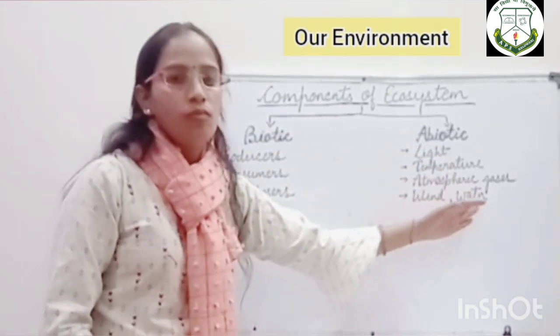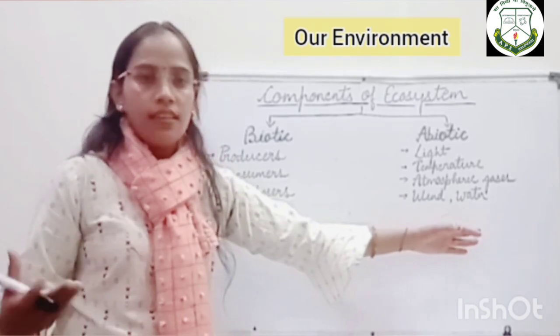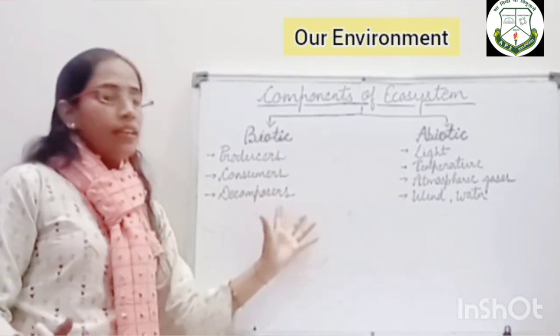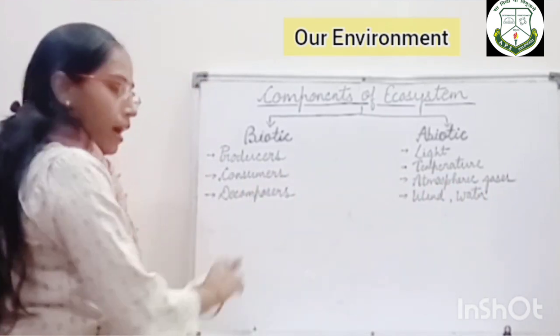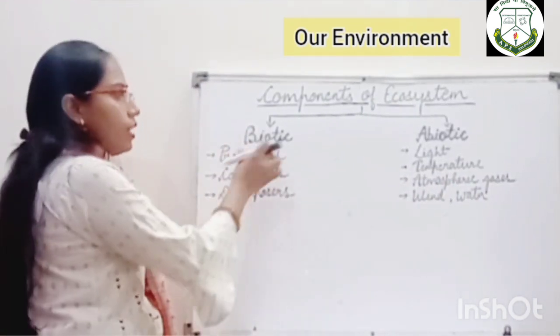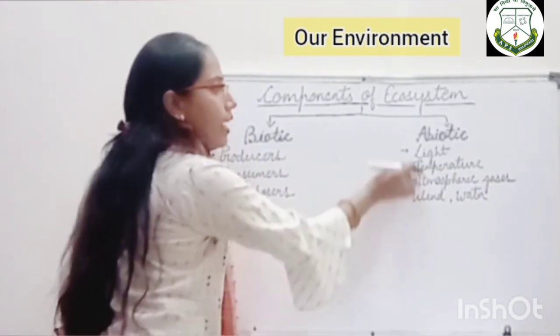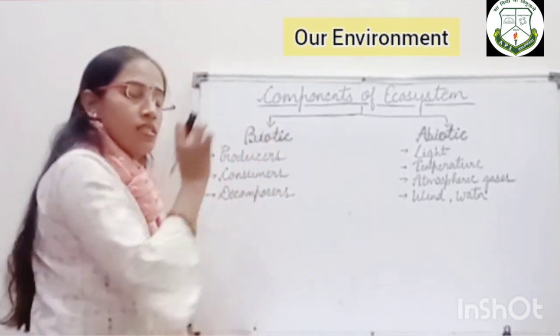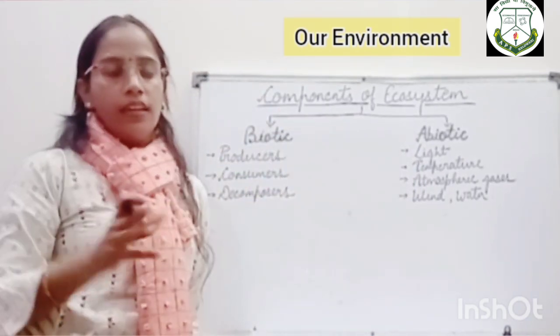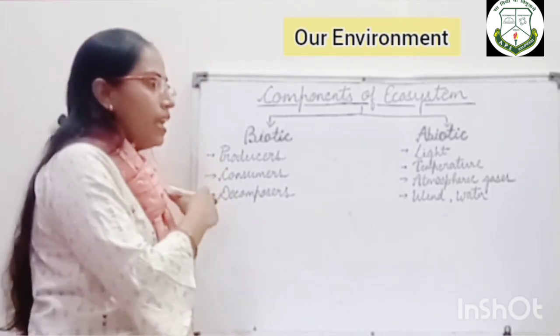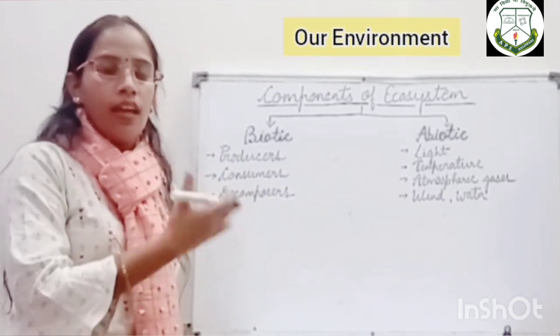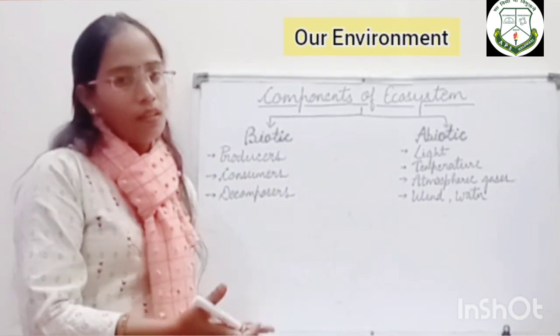Temperature, gases, water, they are our basic needs. So the biotic components depend on the abiotic components. That's why the interaction between the biotic and abiotic components is known as ecosystem. They maintain the balance between the abiotic and biotic components.